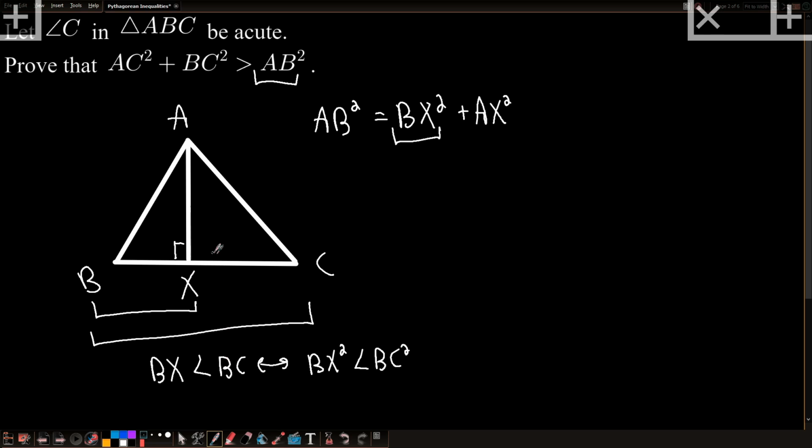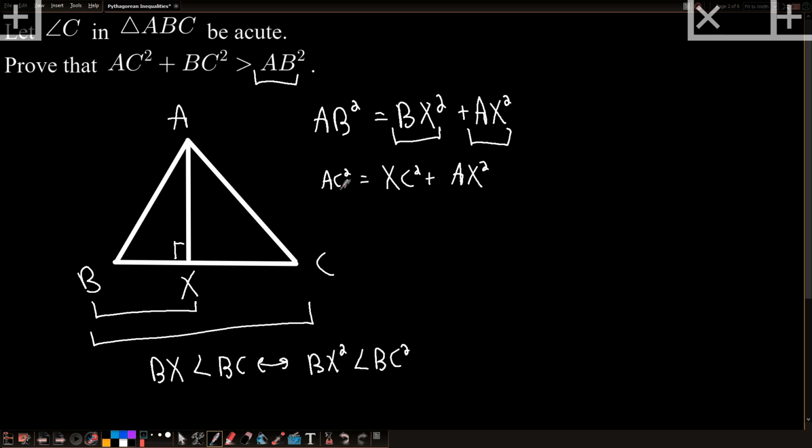Okay, well now let's look at AX squared. If we create another Pythagorean theorem, we have that AC squared is equal to XC squared plus AX squared.